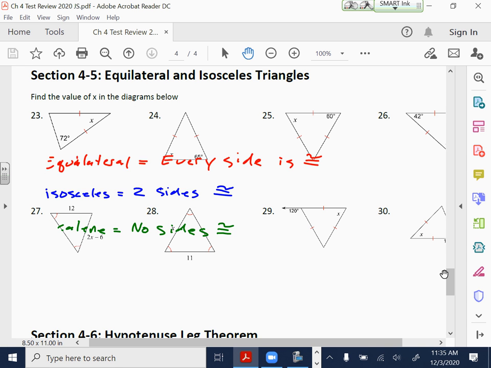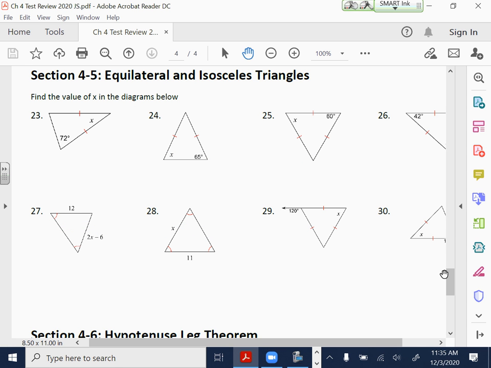All right. So the last page. Again, make sure you write equilateral means all sides and angles are congruent. And isosceles means two sides, the legs, are congruent, and the base angles are congruent. So, for instance, with 23, this is isosceles because these two sides are congruent, which means the base angle has to be congruent to the other base angle.